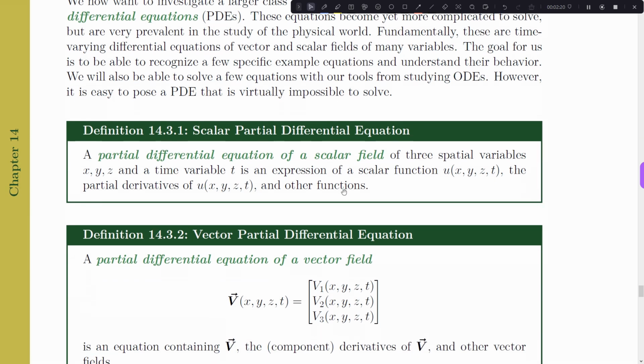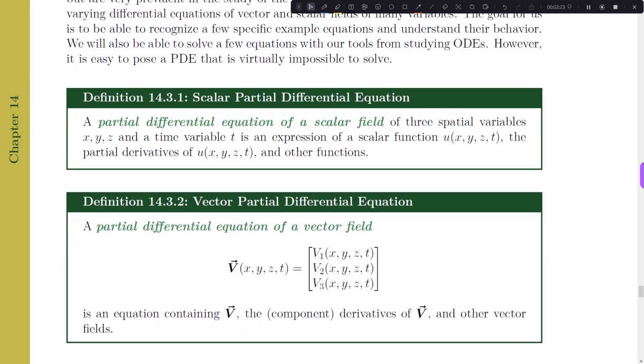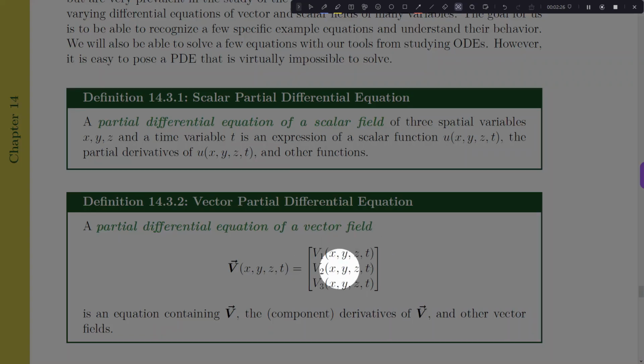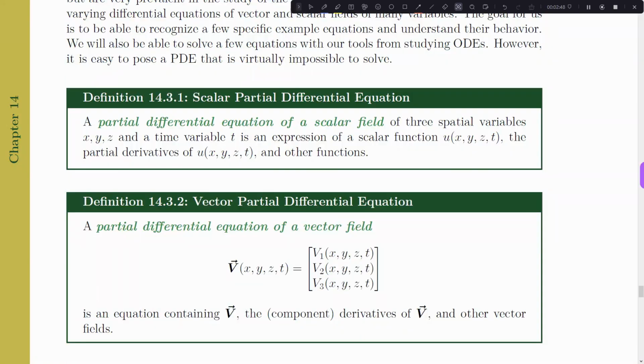If we look at vector valued partial differential equations, vector fields, you'll recall, are basically just made up of three or more, however many dimensions the vector field is, but in many cases three scalar fields. And then if we were taking a partial differential equation that related the vector v to another vector, then we would actually have basically a system of three scalar equations, is the way we could perhaps interpret that.